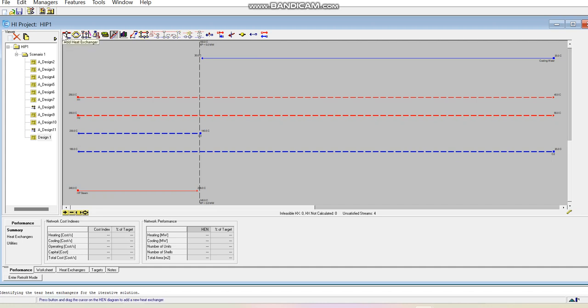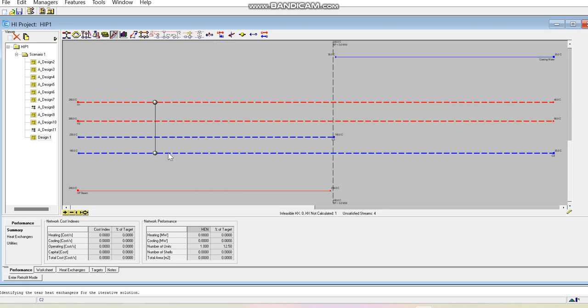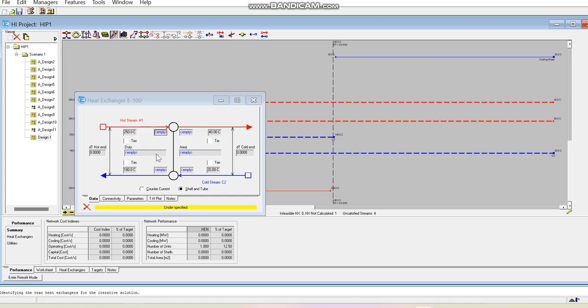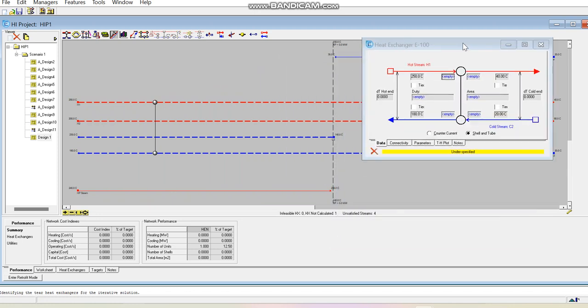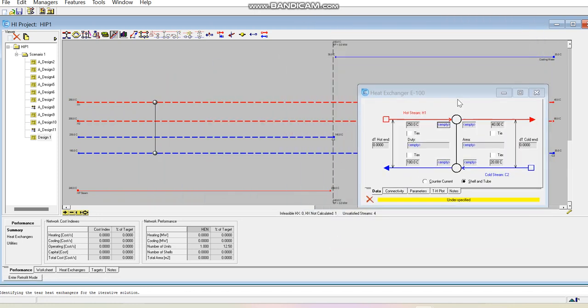So this is add heat exchanger. You should click this with the right button, then hold the right button and place a heat exchanger here. Okay, now with the left button, just drag it here. So the heat exchanger is added. Now click on this heat exchanger. We are adding this heat exchanger at the pinch point.